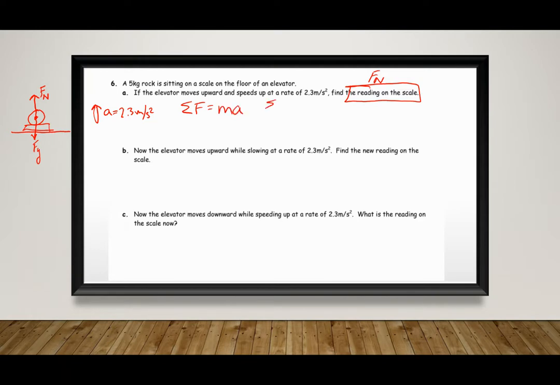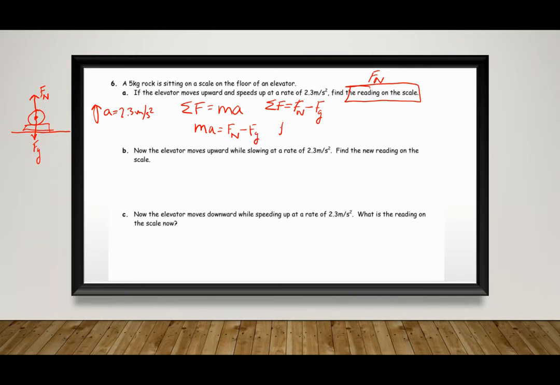But my sum of my forces is also equal to actual forces. And those actual forces are my normal force, which is my upward force, minus my gravitational force, which is going to be in my negative direction. So I then end up having mass times acceleration is equal to normal force minus the force of gravity.